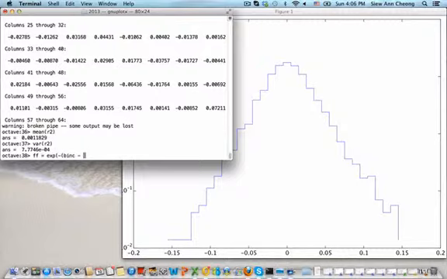Actually we don't need bin center, we can have bin h minus the mean of R2, raised to the power of 2, divided by 2 times the variance of R2. This is inside the exponential, and then divided by the square root of 2 times pi times the variance of R2.